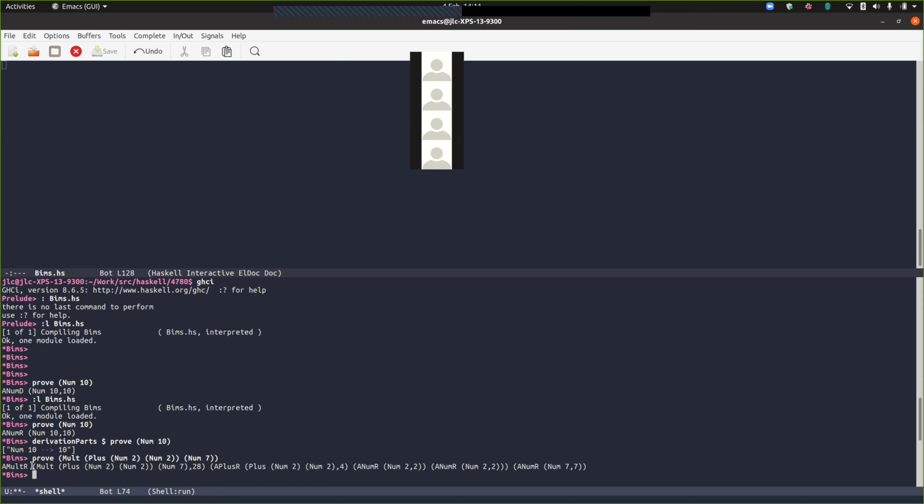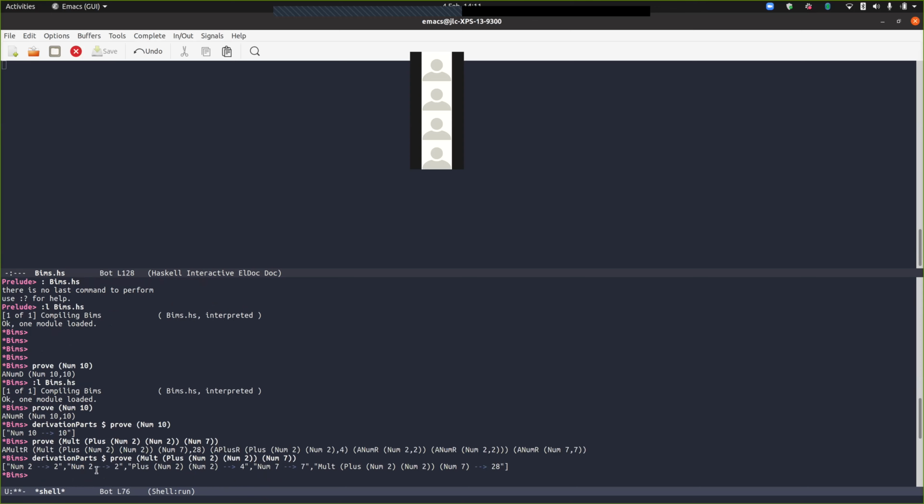And this is a representation of that tree that we wrote, where the root is at the top. Now let me just look at the derivation parts of this, and maybe it shows all the different individual parts. Oh, did I write down the wrong thing?